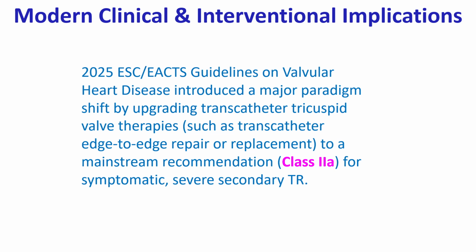Crucially, this intervention is highly contingent on early phenotypic identification before the patient reaches an irreversible hemodynamic point of no return, defined by severe irreversible RV dysfunction or fixed precapillary pulmonary hypertension.